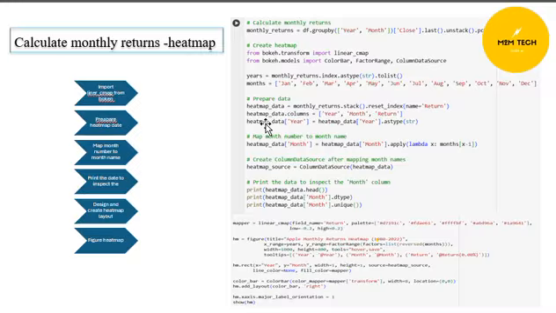I import a linear color map from Bokeh and prepare the data: year, month, and return as the columns for the heat map.